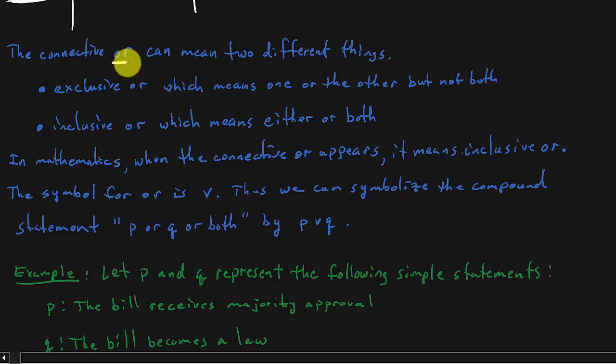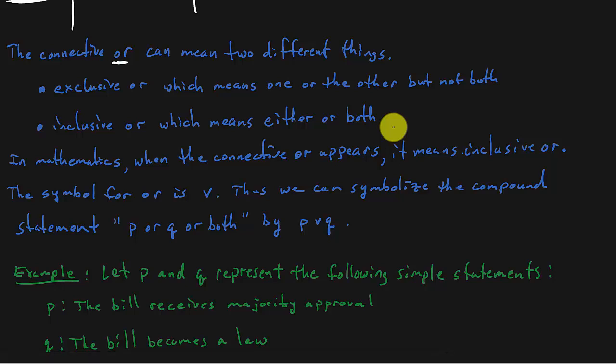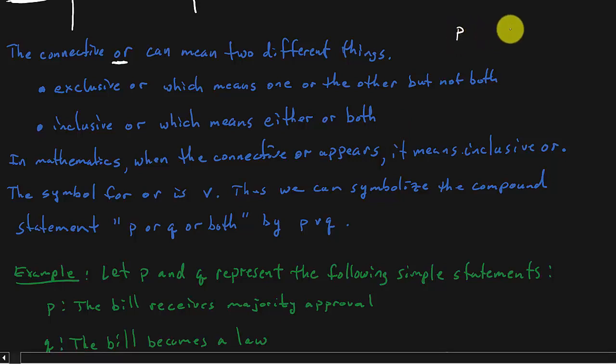So we're talking about or, not instead of P and Q, we'll talk about P or Q. All right, so the connective or can mean two different things. Exclusive or, which means one or the other but not both, and inclusive or, which means either or both. Exclusive means if you have two statements, P and Q, either P is going to be true or Q is going to be true, and that's it.